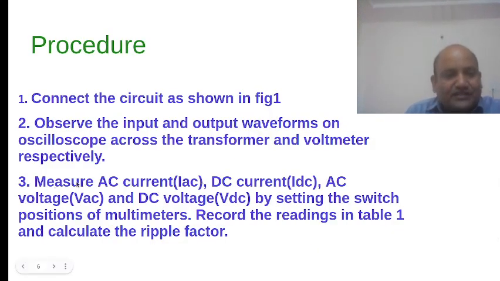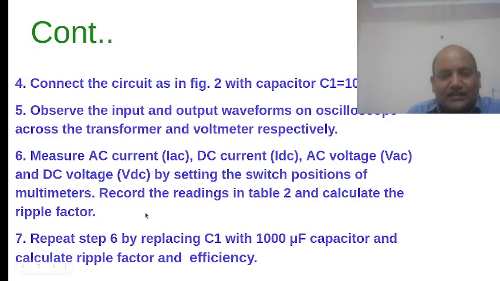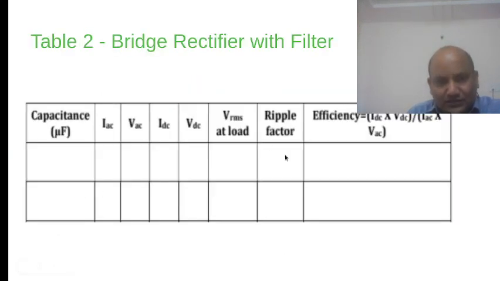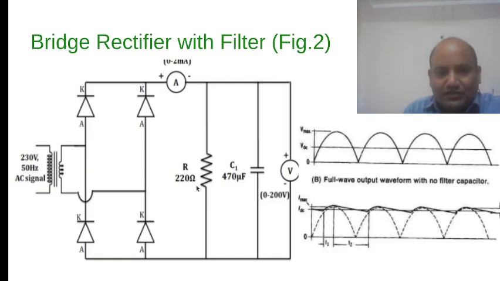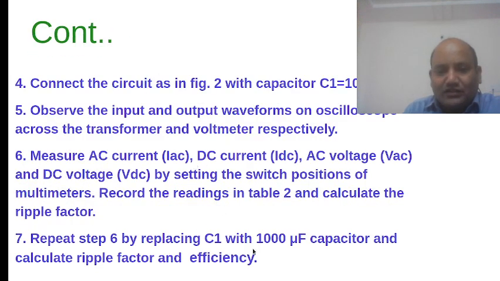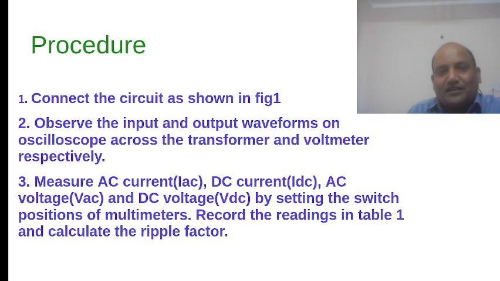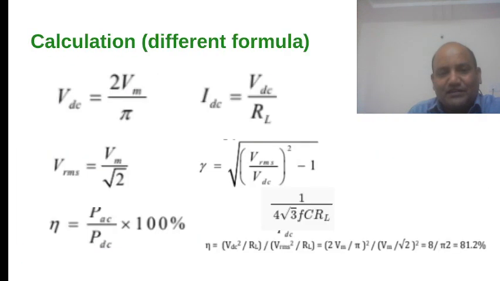And again measure the AC, DC, everything, and fill the table. One time you connect 100 microfarad across the RL, then you connect 1000 microfarad across the RL and try to find the variation in the ripple component.